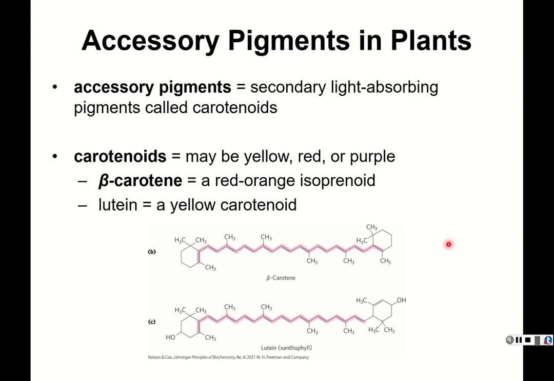Do you need to know these structures? No, but things like beta carotene and lutein are shown. And what do they have in common? They all have ring structures with at least one double bond in them. And then here we have these longer hydrocarbon chains that have alternating single and double bonds.